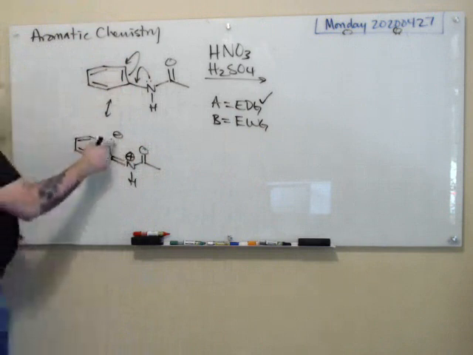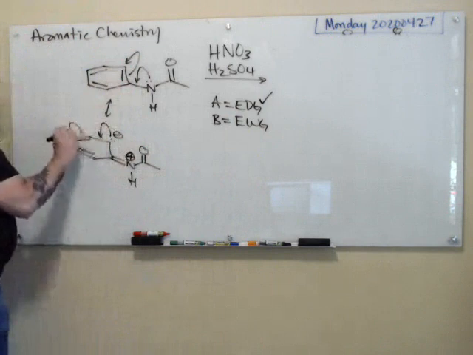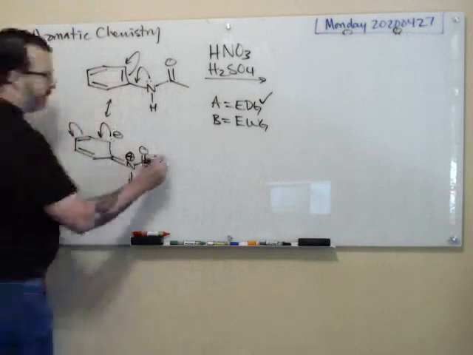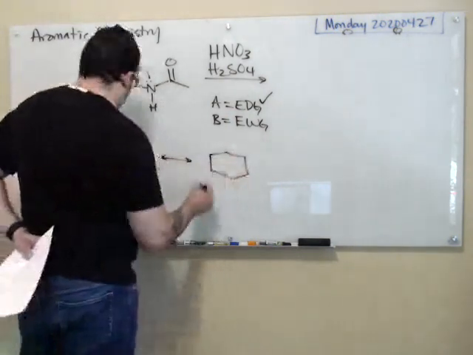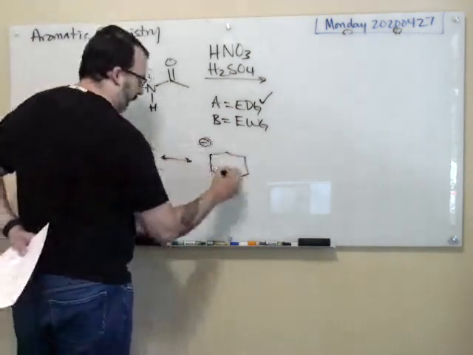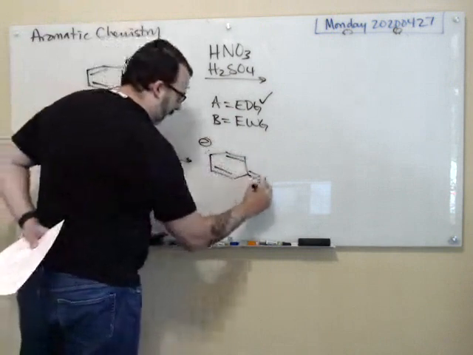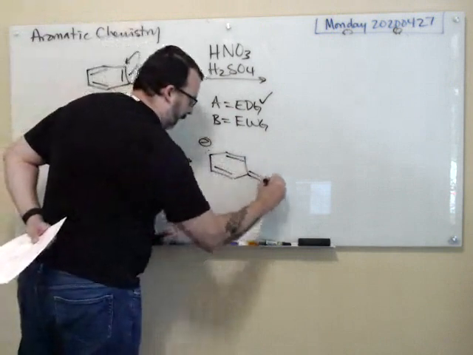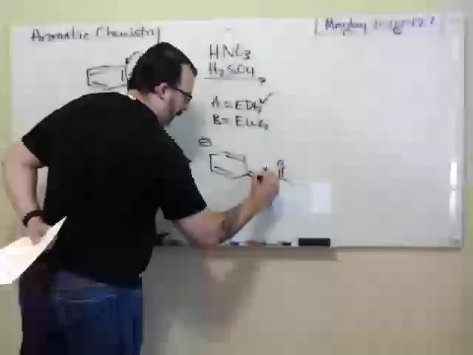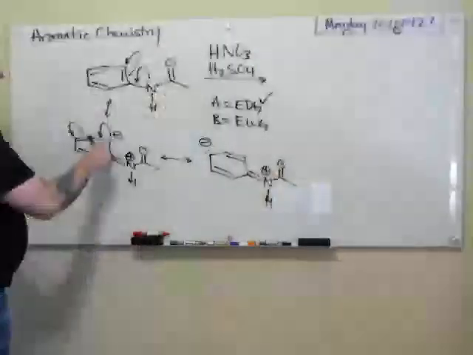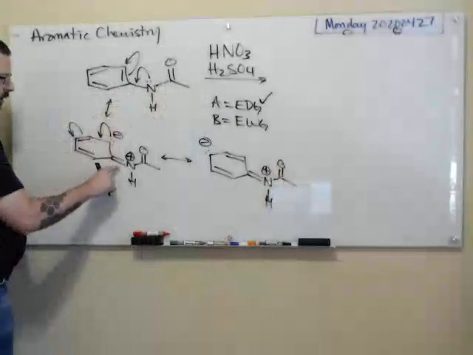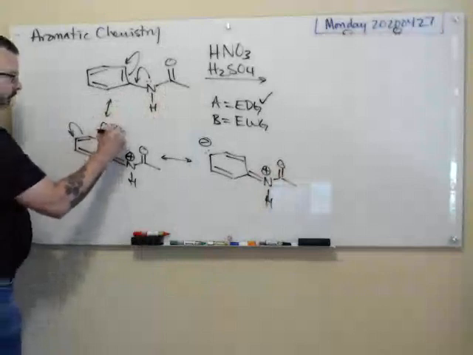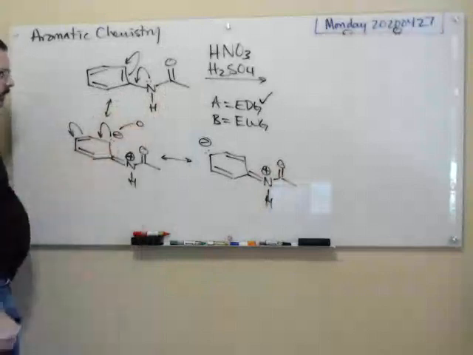Notice the location of this lone pair here. I'm going to show you the resonance forms for this. Look at this lone pair relative to the substituent. This is ortho.